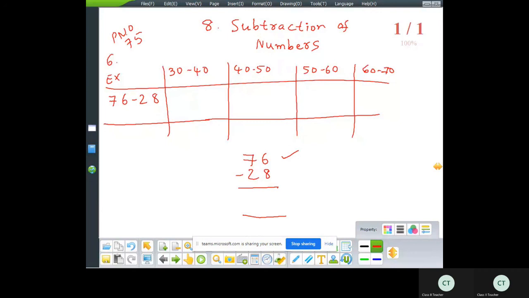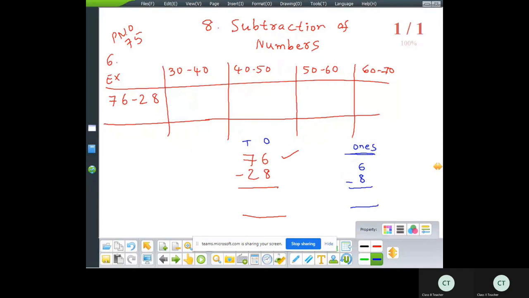Now write the place values 1 and 10. Now subtraction on 1. The digits in one's place are 6 and 8. 6 minus 8.